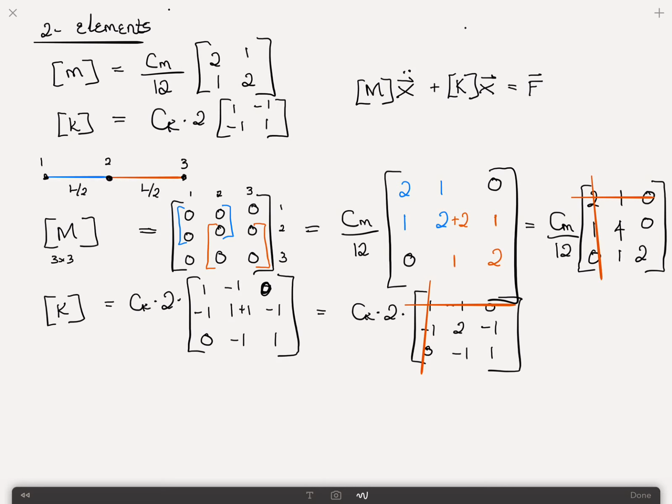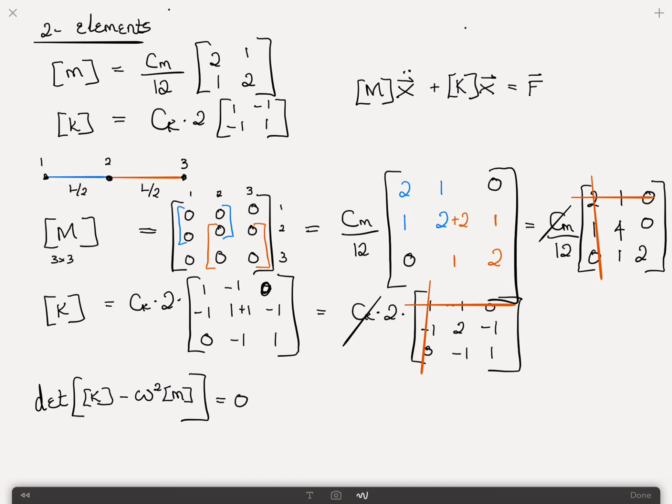And then we want to solve for omega by taking the determinant of global k minus omega squared m, equal to 0. And we mentioned last time how I can ignore the Cm and the Ck. I'll just cancel that for now. And we're just going to multiply the result by a, where a is the square root of Ck over Cm. Right, so what does this look like?